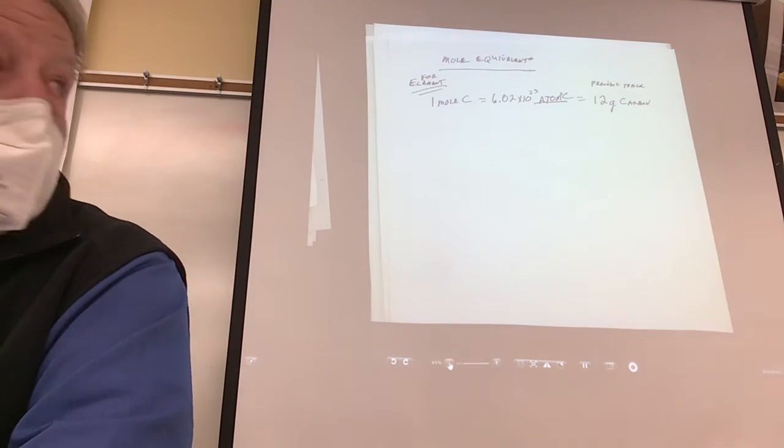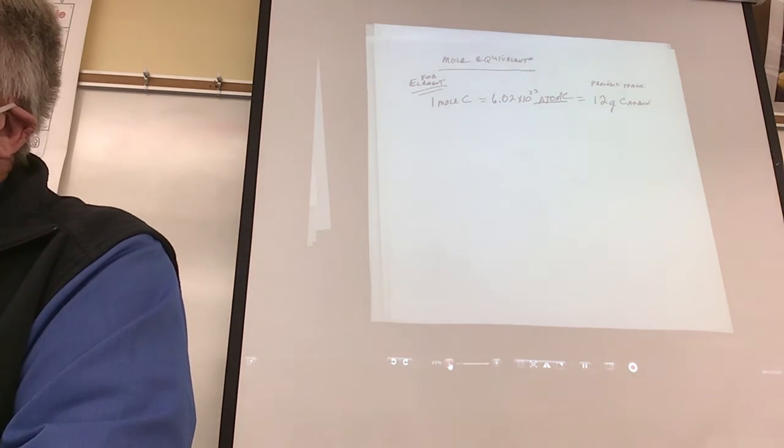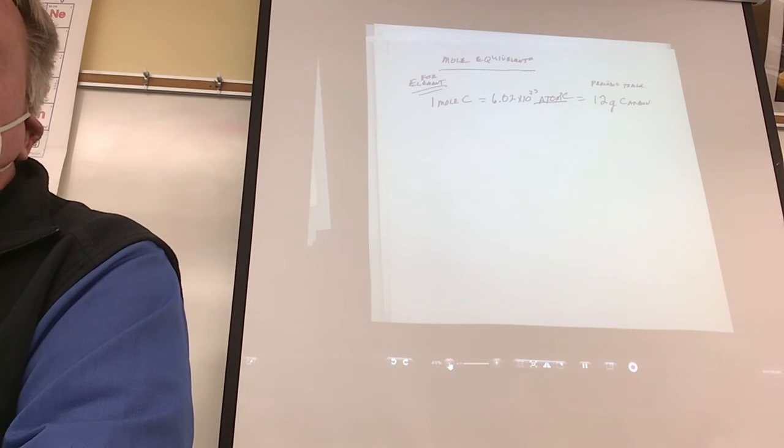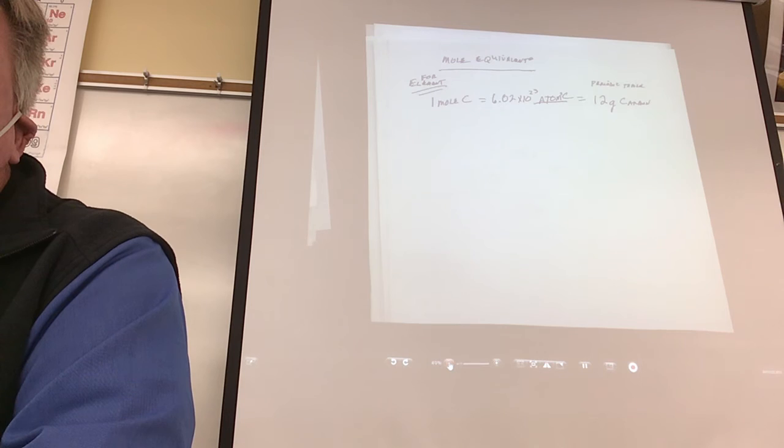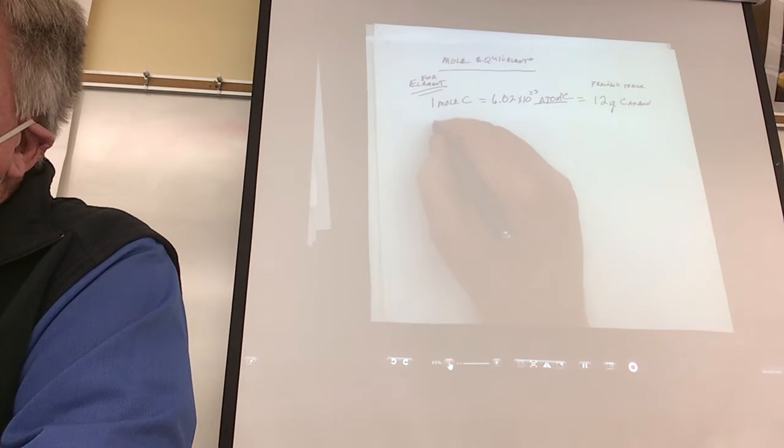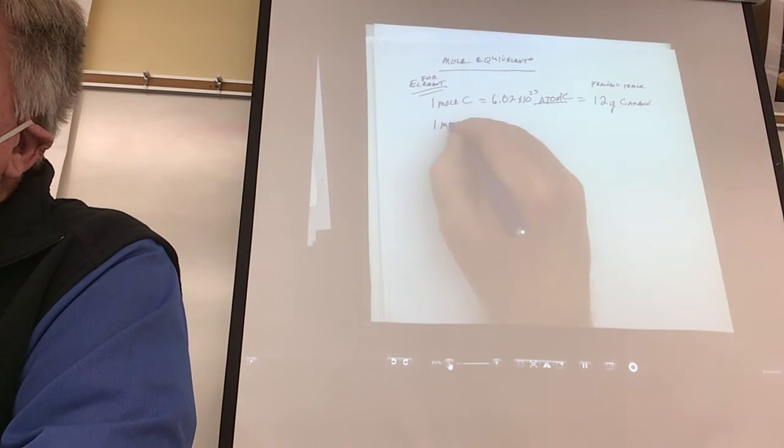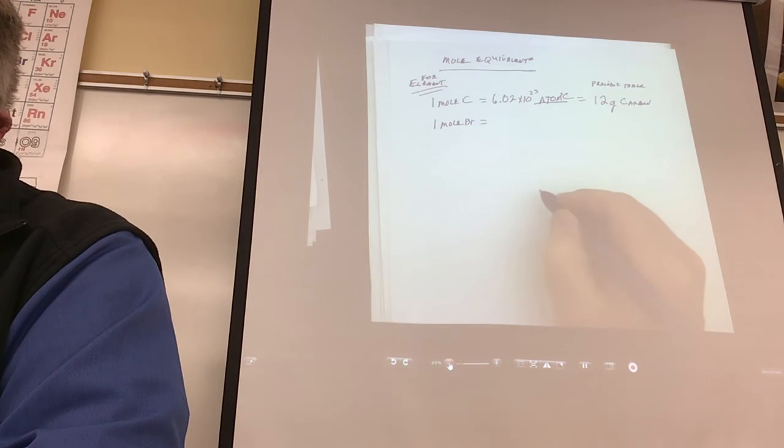Now, if you'll do one more element, you'll be done here. Riley, pick any, what's your favorite element besides carbon? Pick a weird one then. Bromine. Okay, ready? 1 mole of bromine equals, go ahead, finish my notes for me.